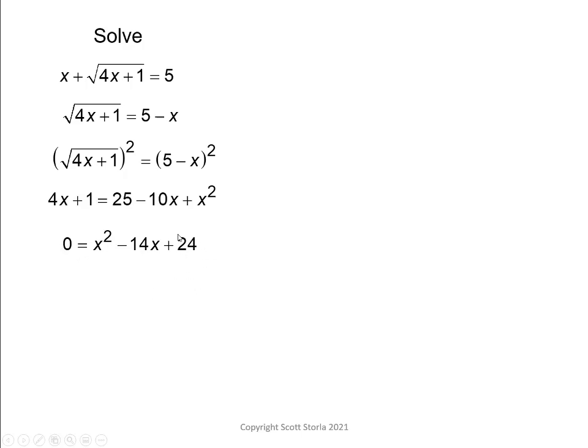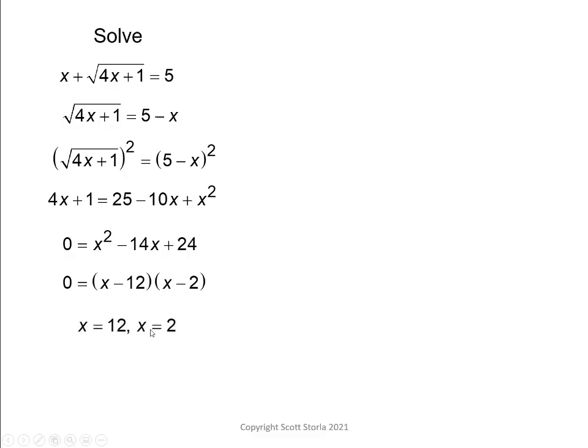Now I'm looking for two numbers that multiply to 24 and add to negative 14. What comes to mind is 12 and 2. And if they're both negative, then I'm going to get x squared minus 14x plus 24. So this looks like a good factored form.